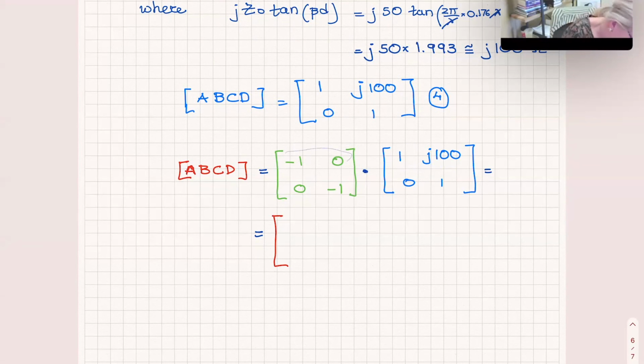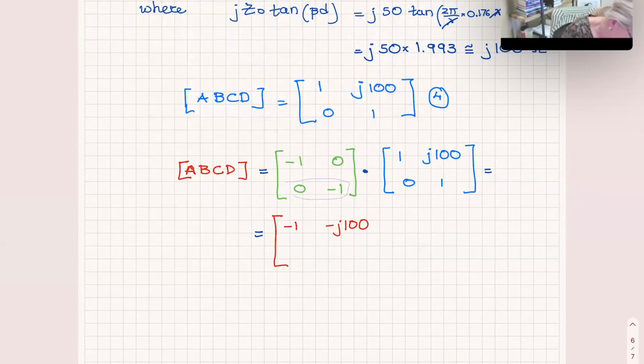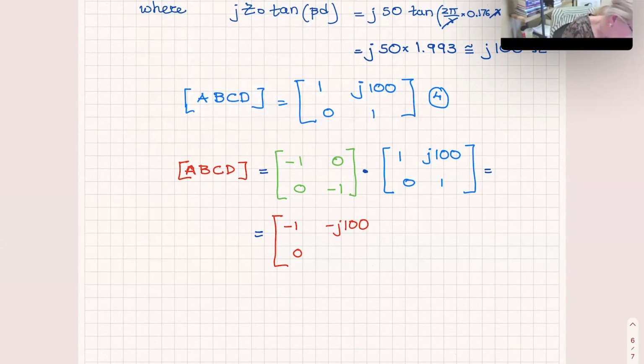We take this one times this one, and it gives -1. Then we take this one times this one, and it gives minus J100. Then we take this one times this one and gives 0. And then we take this one times this one and gives -1. And this is the ABCD matrix for the two ports.